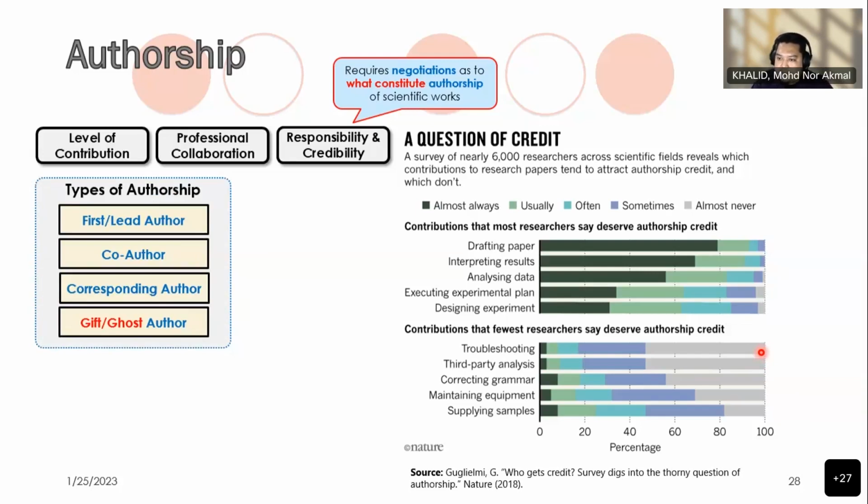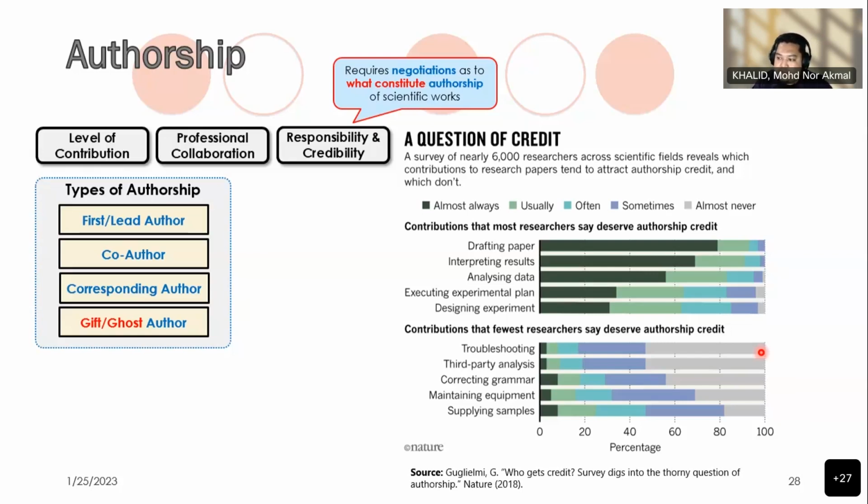But the corresponding author is the one that actually corresponds with the journal, meaning that any update, any review, any process, any payment process and so on later on for your publication will be the responsibility of your corresponding author. So make sure it's someone that is responsive and actually does a significant part of the work on your research as well.